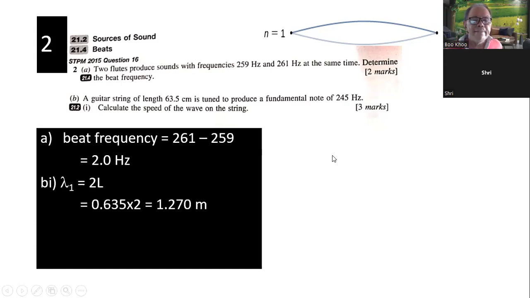Calculate your lambda. Then to calculate the speed, f equals v over lambda. Lambda is 2L, so substitute inside, then you can find v. So your v is f times lambda 1. The frequency is given, the wavelength you already calculated. Put in there and calculate it out.